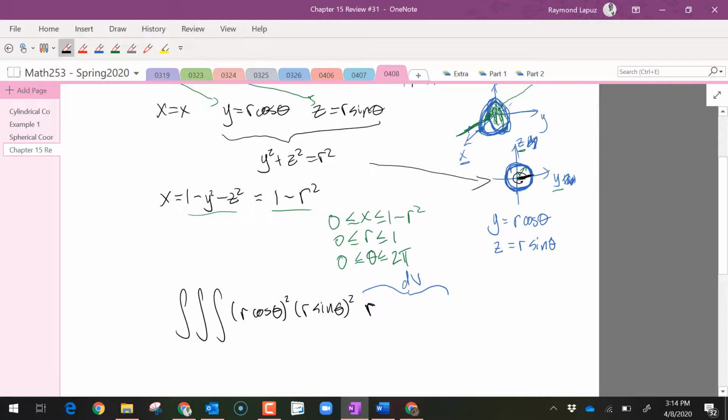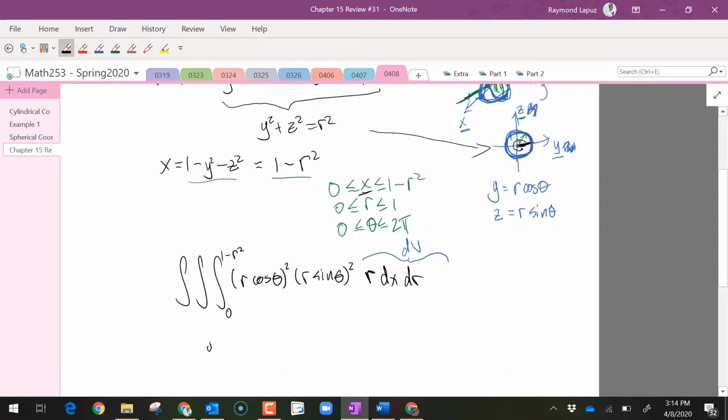And then it looks like we're going to want to integrate with respect to x first, because it's not all constants, and so the order is going to matter. And since x is the only one with a function, we want to integrate with that first. It goes from 0 to 1 minus r squared, and that's our function. And then now it doesn't matter, but we tend to always integrate with respect to r first before theta, and then d theta goes from 0 to 2 pi.